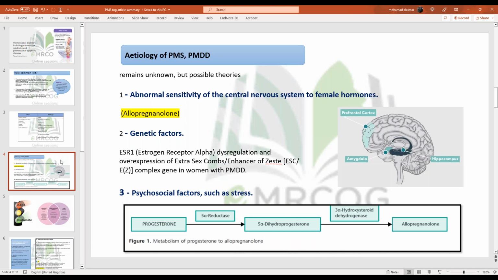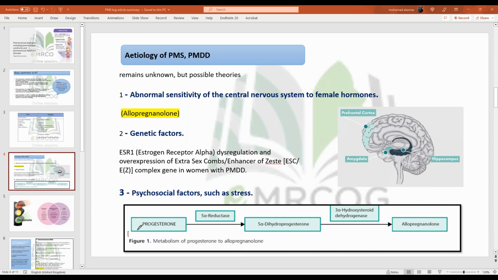The abnormal sensitivity of the central nervous system to the female hormone is mainly towards one of the metabolites of progesterone. And if you can see here, guys, there will be a start of the metabolism of progesterone in the body.